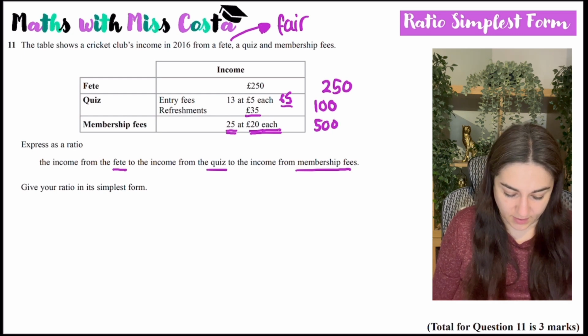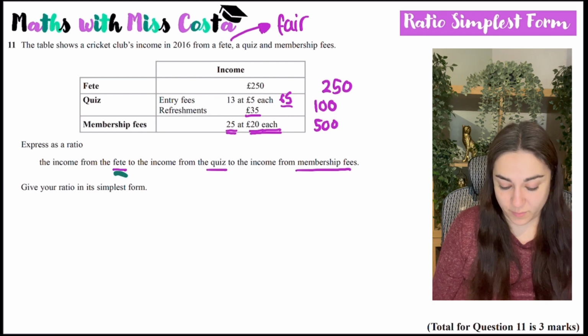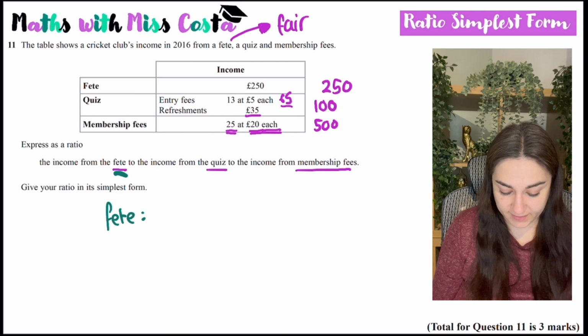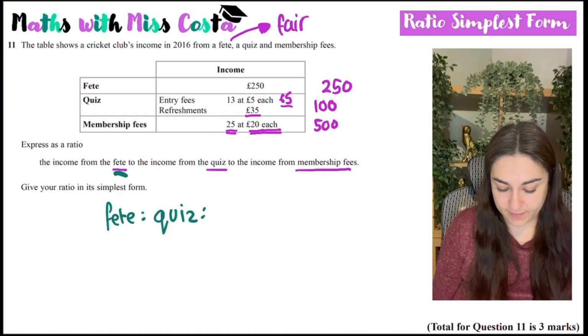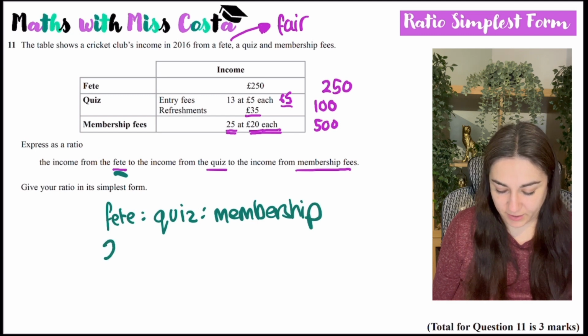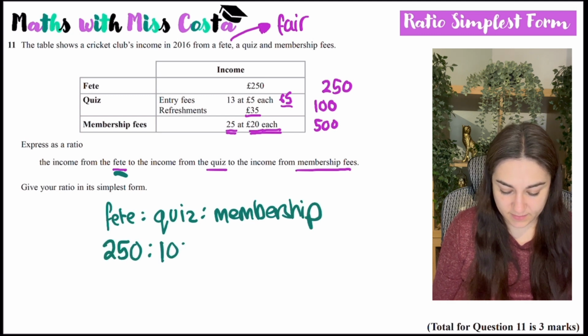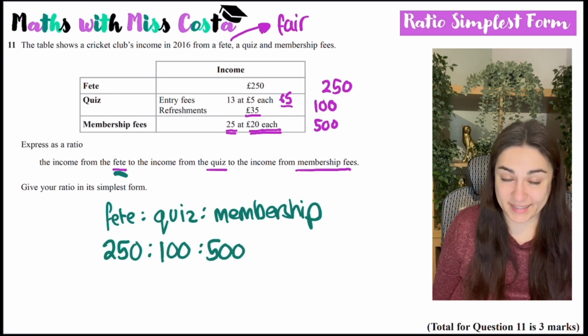So once again, it's ratio. So you need to express as a ratio the income from the fete. So I write the fete first, to the quiz, to the membership fees. So I'm going to write 250 to 100 to 500, and it says give your ratio in its simplest form.